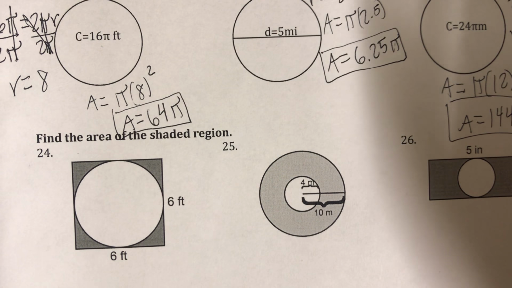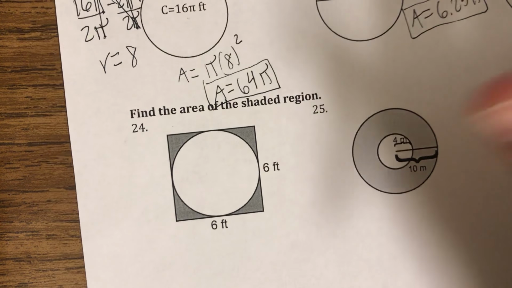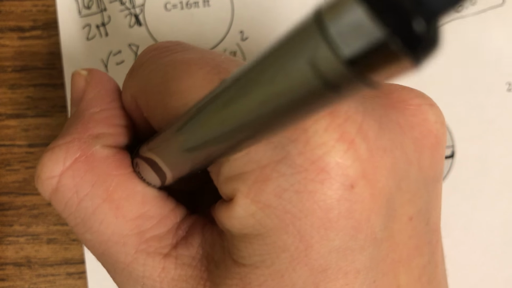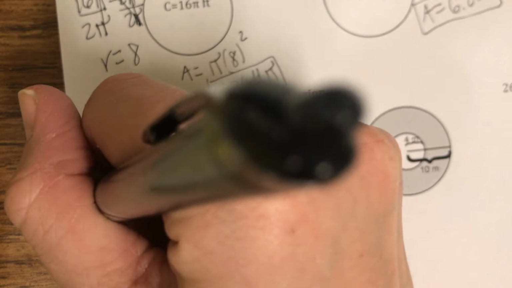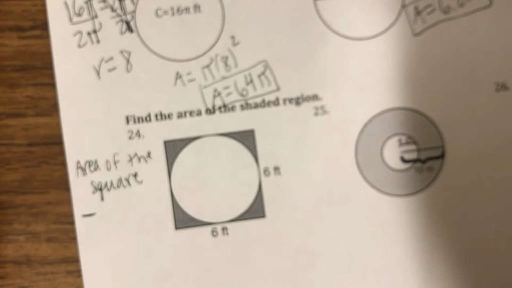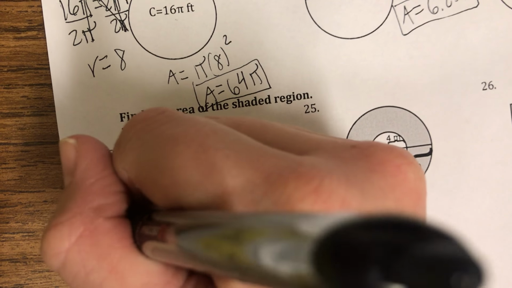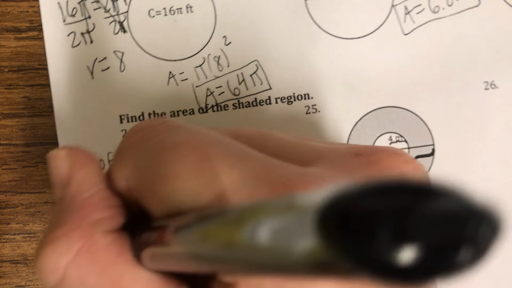But basically what we need to do is find the area of the square minus the area of the circle.